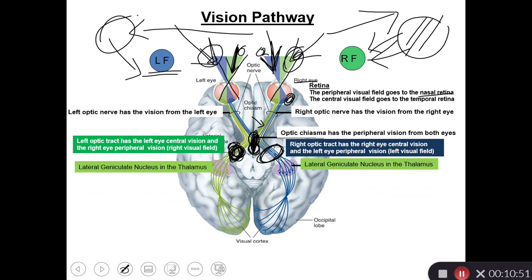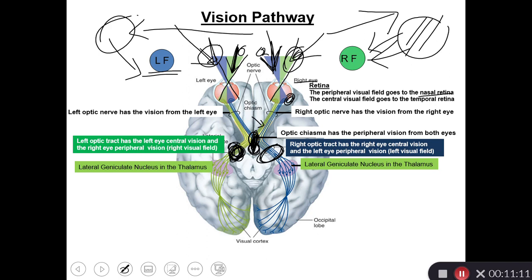Then we have the thalamus. Remember, the thalamus is a sensory gateway for every sensation except smell. So here, the optic tract fibers synapse with the lateral geniculate nucleus in the thalamus.